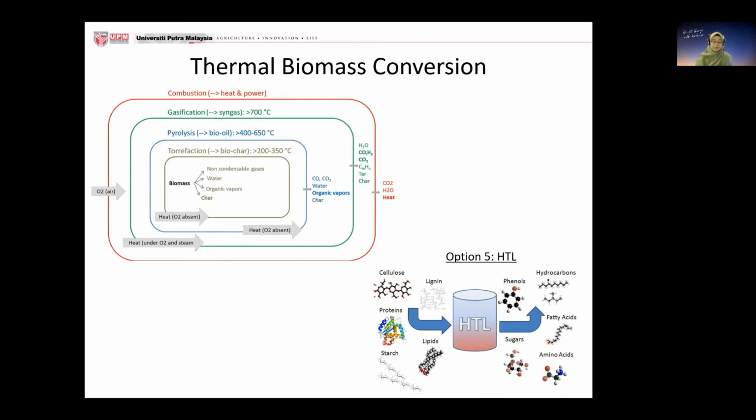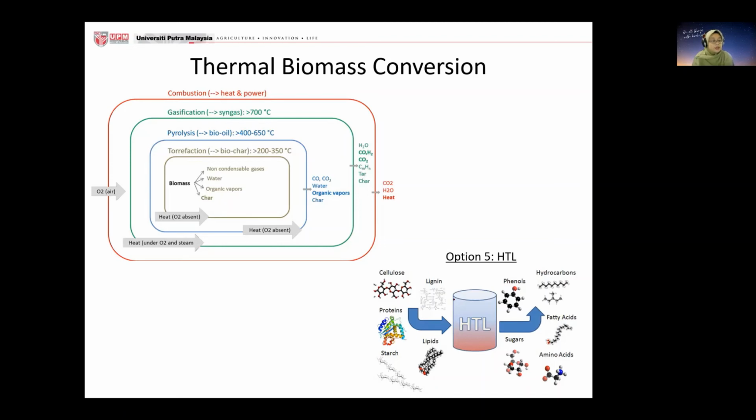Because the gasoline that you use in your car contains various carbon chain lengths of hydrocarbons, right? So HDL will be able to generate something similar depending on the design of your HDL system.